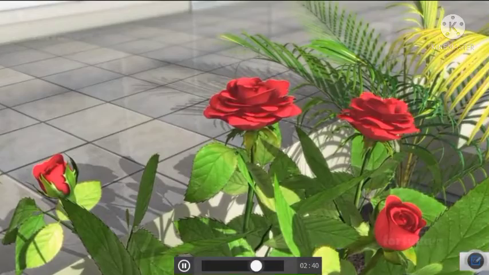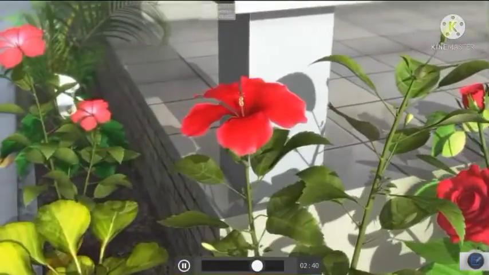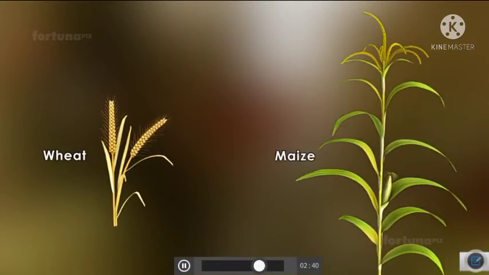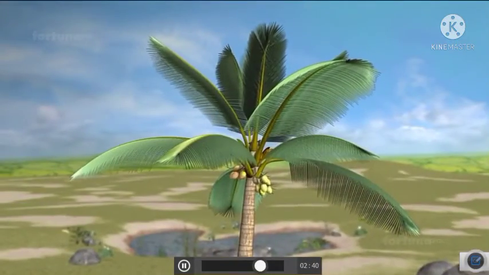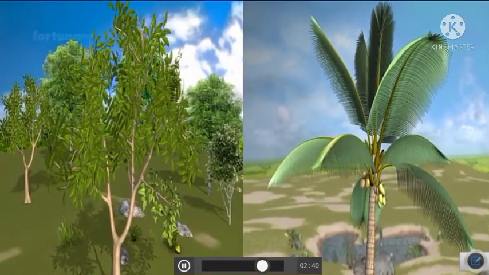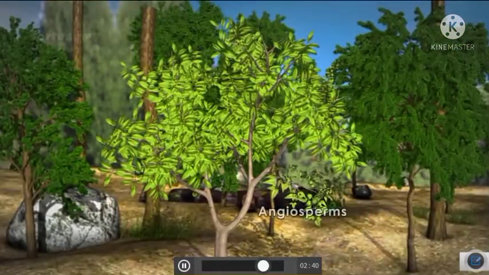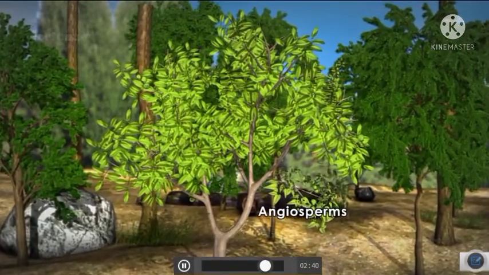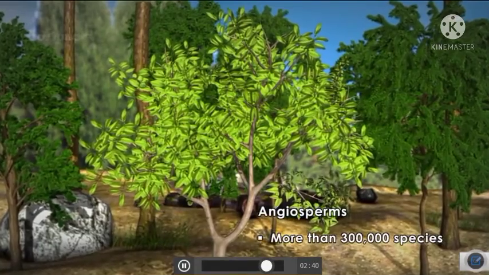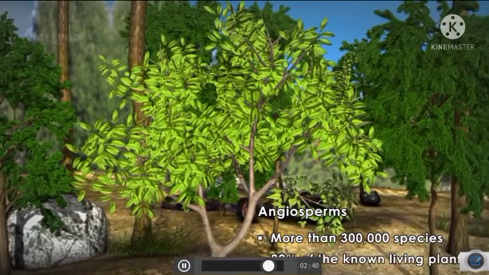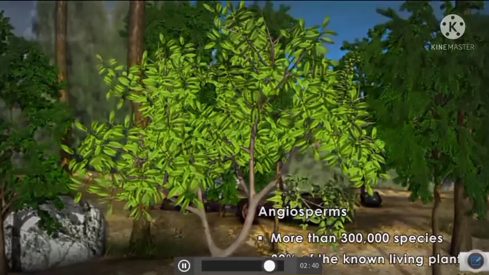Flowering plants such as the rose and hibiscus, grain plants such as wheat and maize, and fruit trees such as the coconut and apple are all angiosperms. Angiosperms are the most numerous group within the plant kingdom, with more than 300,000 species and amounting to about 80% of the known living plants.